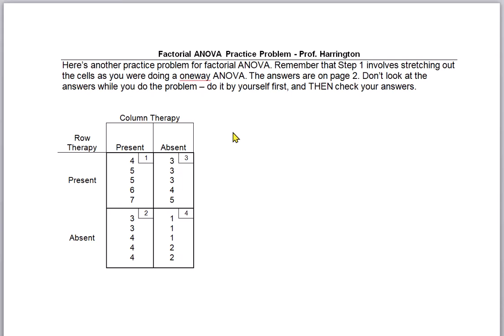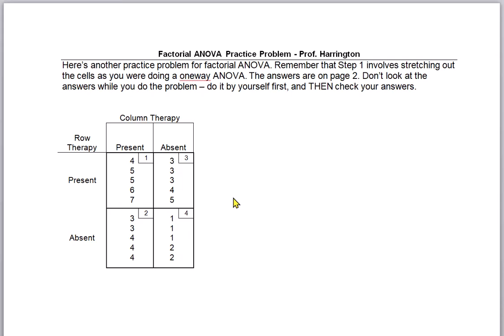And you know, this type of a design, this 2x2 factorial design, is probably the most commonly used experimental design in all of experimental psychology. The reason for that is because you can test two independent variables simultaneously, which is a very efficient way to analyze data.